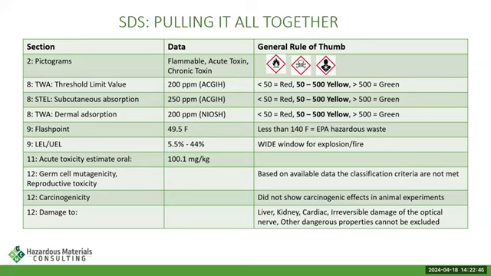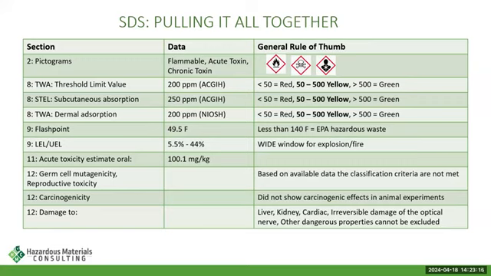On section 12 of the safety data sheet, for germ cell mutagenicity and reproductive toxicity, it said based on the available data, the classification criteria are not met. Based on the available data. Do I trust those words? Well, how do I know that they actually adequately tested it? I don't know.